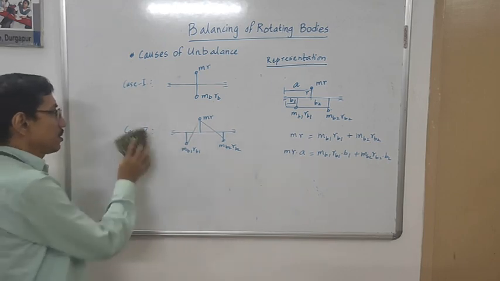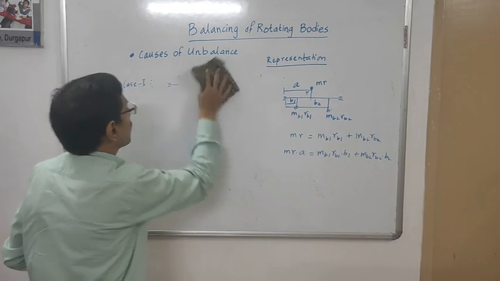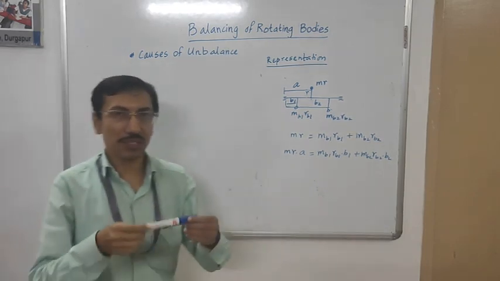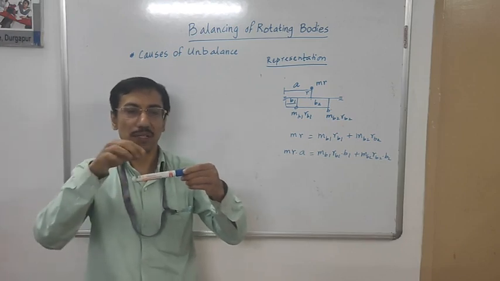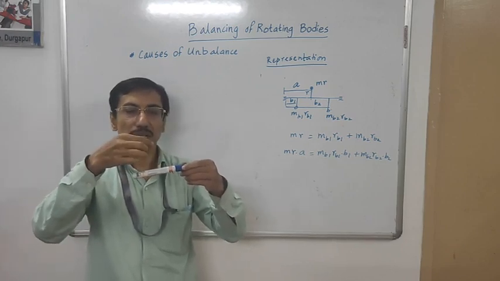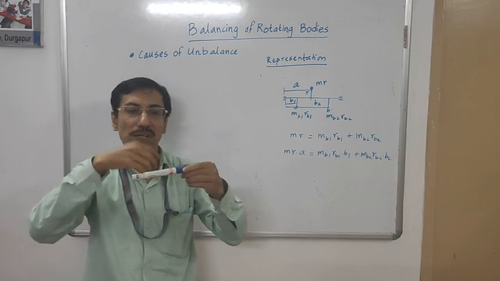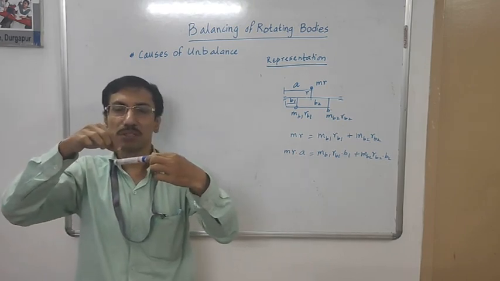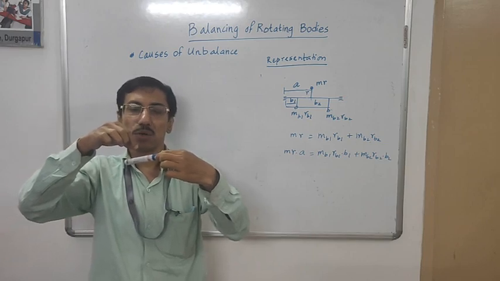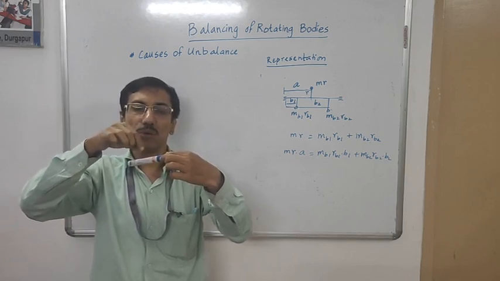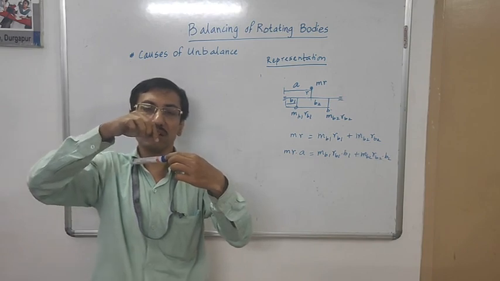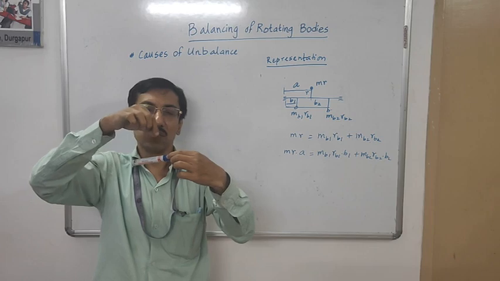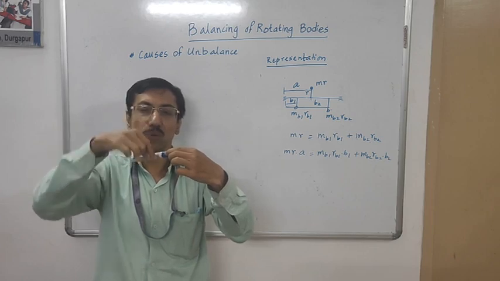Another case we can examine. Suppose this is a shaft and the center of gravity of the mounting etc. lies somewhere here, say it is a little away from here. So there is some distance, and we know when it is here, the gravitational pull will pass through this axis of rotation.